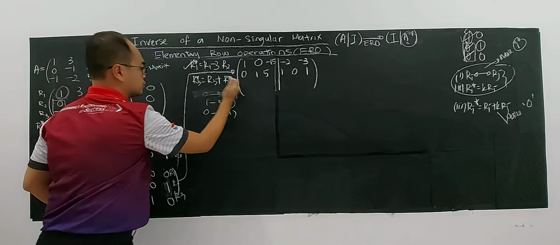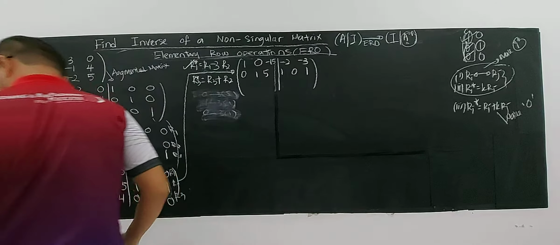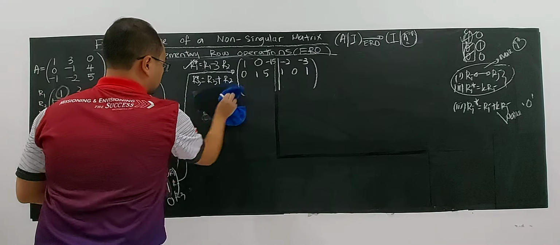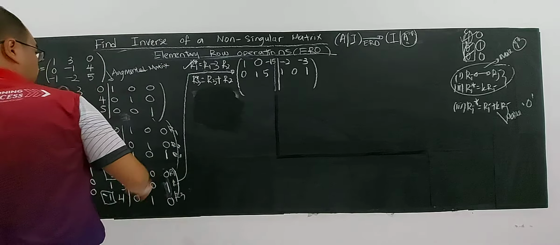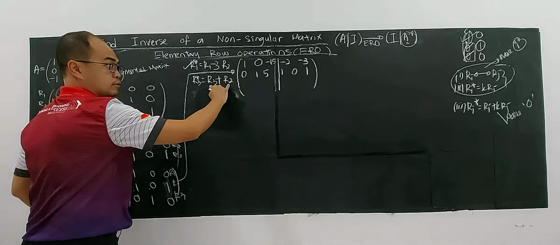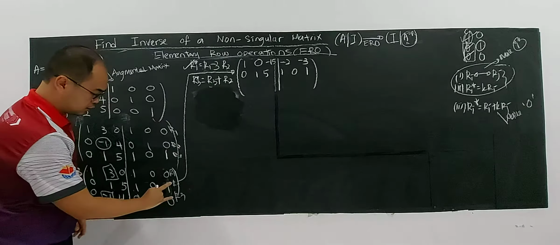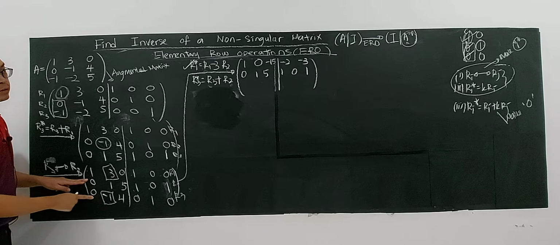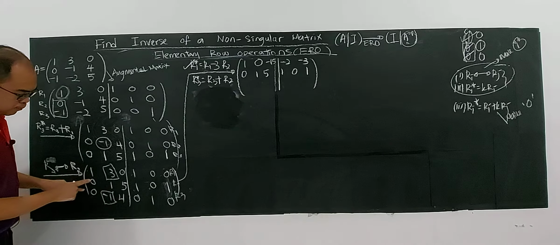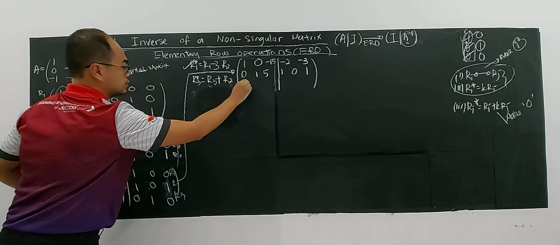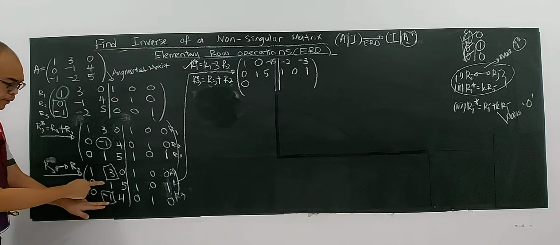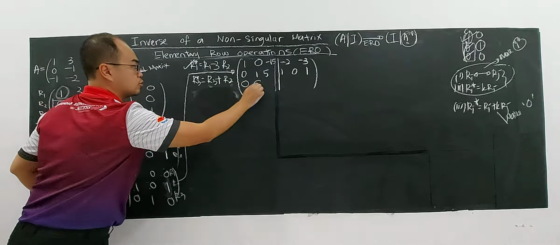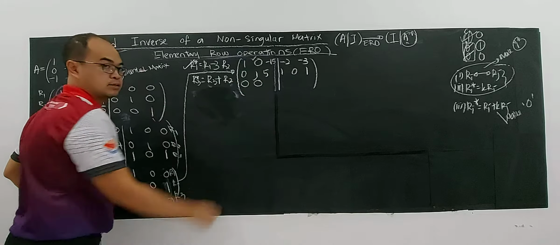Now we go for the third row and the second row. The third row and the second row, you add up, okay? Add up. The third row plus row 2, 0 plus 0, you have 0. Negative 1 plus 1 definitely will become 0 because you're setting these two to become 0, right?